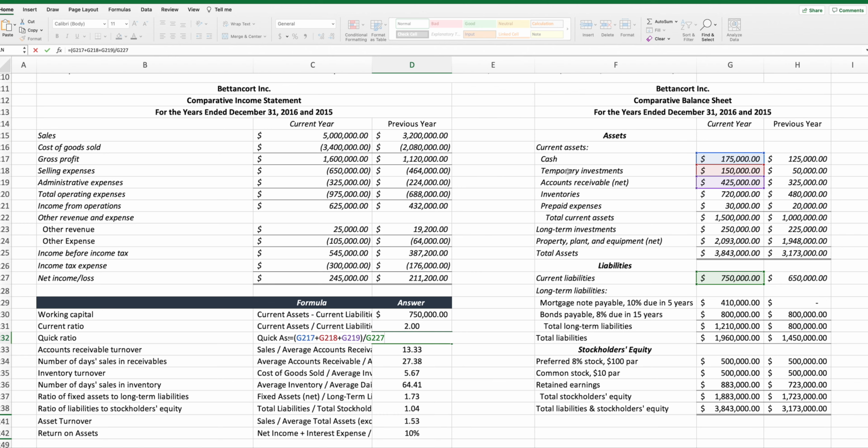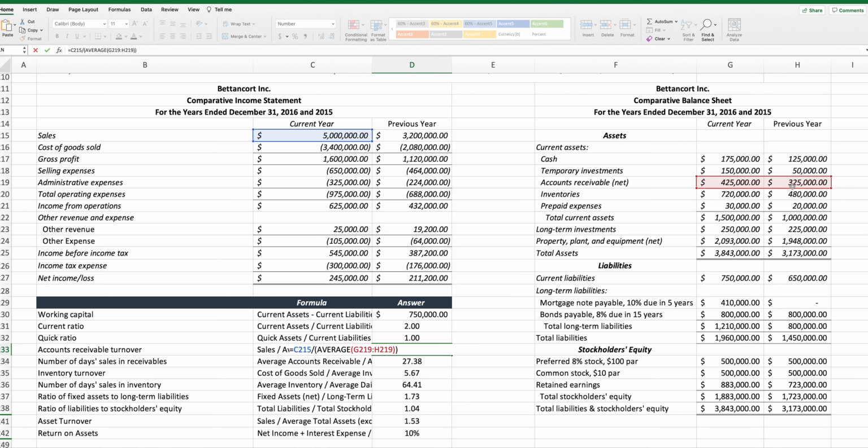Okay, now accounts receivable turnover. With my accounts receivable turnover, I want to take my sales, which you see over here, and divide it by the average of my accounts receivable. And so that's where you see that I've picked up these two, right? Because my ending balance of the previous year is my beginning balance of the current year.